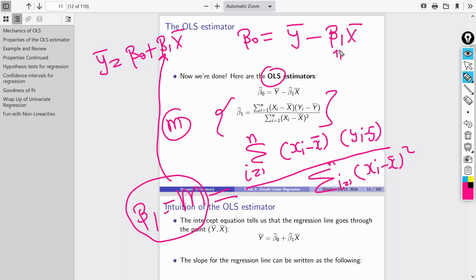This value we know, this value we also know, then we calculate beta naught. So with this formula, we can calculate the m and c value, intercept and coefficient.